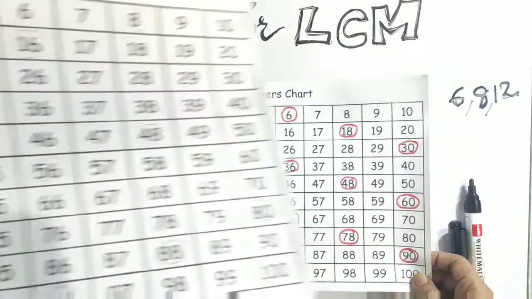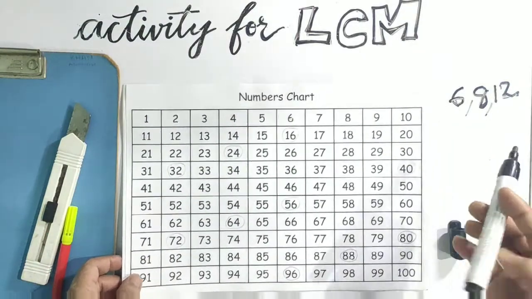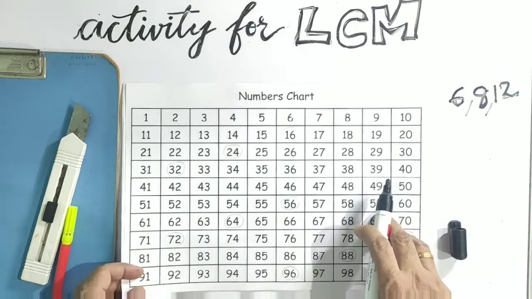Now in the second number chart I have to encircle the multiples of 8.